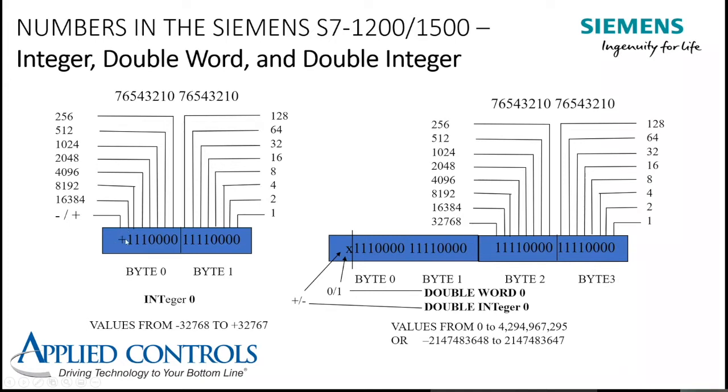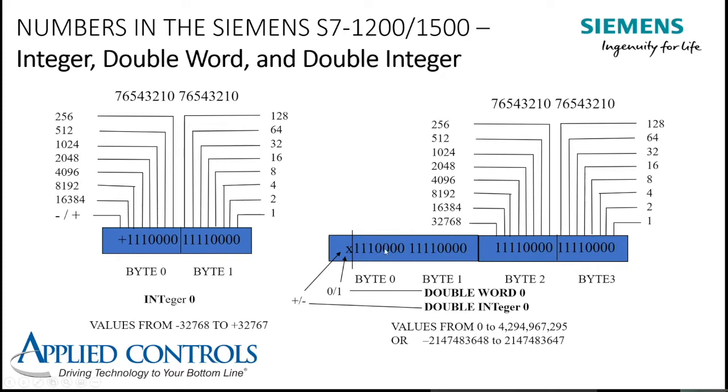That last value becomes a positive or negative, which gives you a bipolar value of negative 32,768 to 32,767. So like I said, words and integers both occupy 2 bytes, 16 bits. A word is unipolar, 0 to 65,535, and an integer is bipolar and can have a negative value.